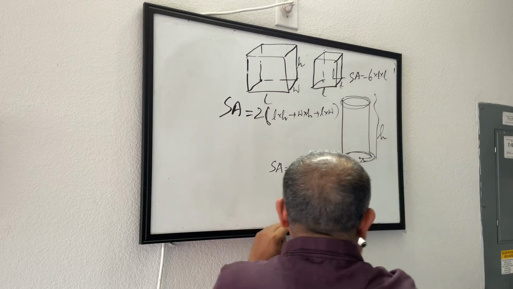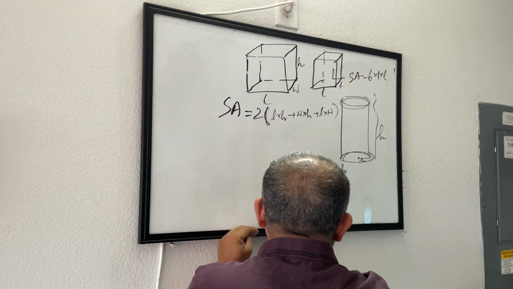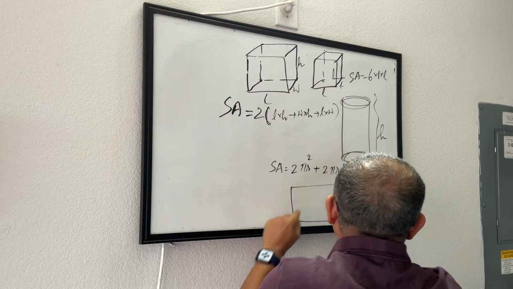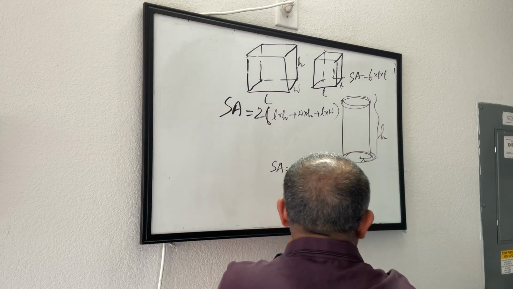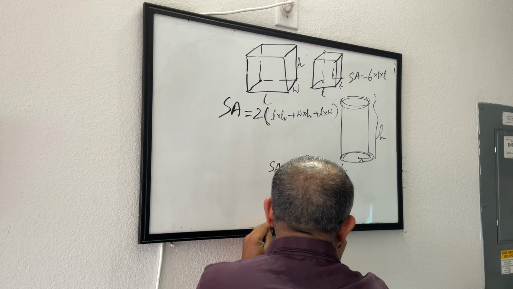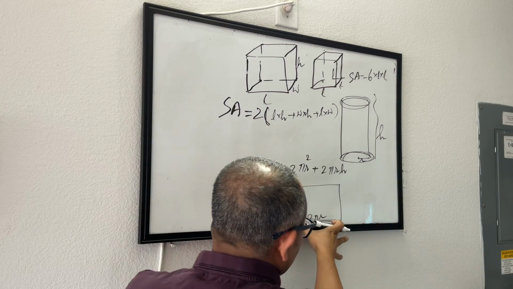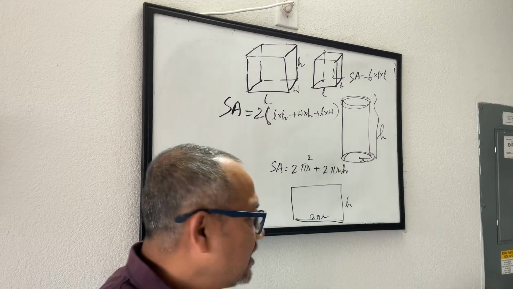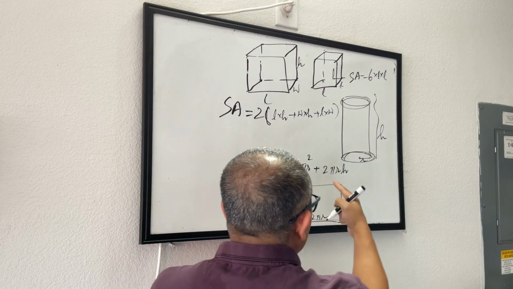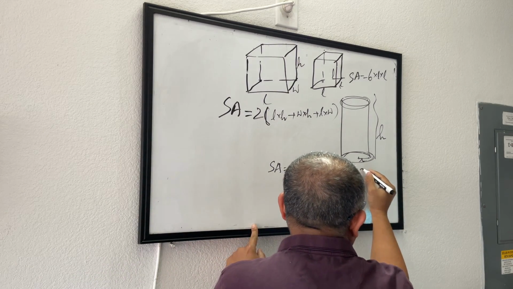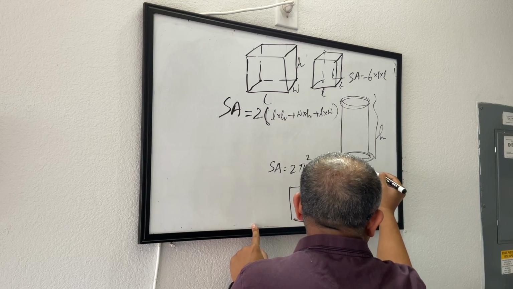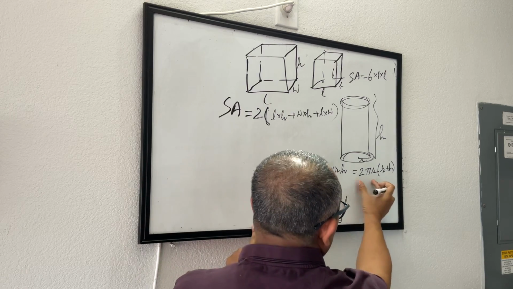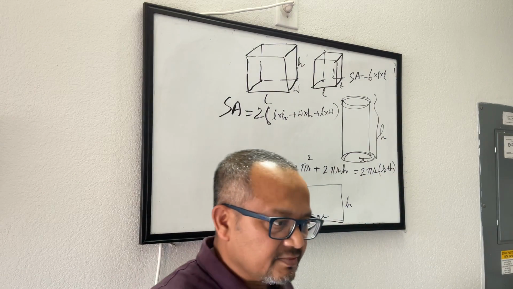If you unfold the curved surface, the perimeter opens up and becomes one of the sides of the rectangle, and this is your height anyway. So 2 pi r into h is how we got this surface area, which is 2 pi r square plus 2 pi r h, or for ease of memorizing, 2 pi r into r plus h. I just took 2 pi r common.